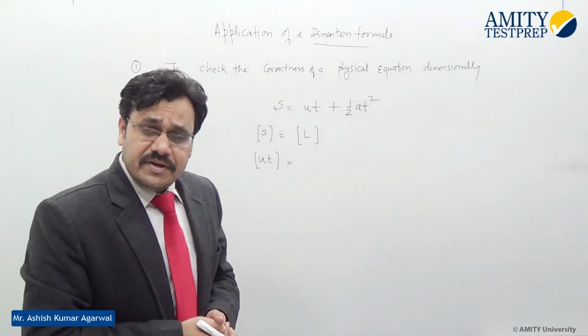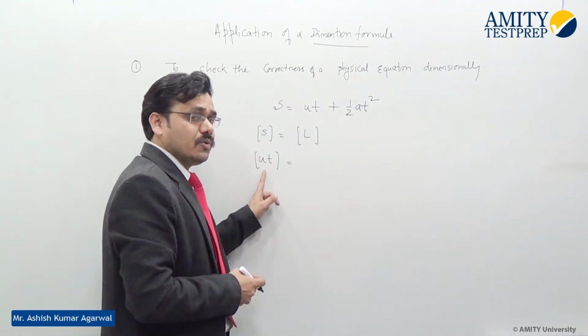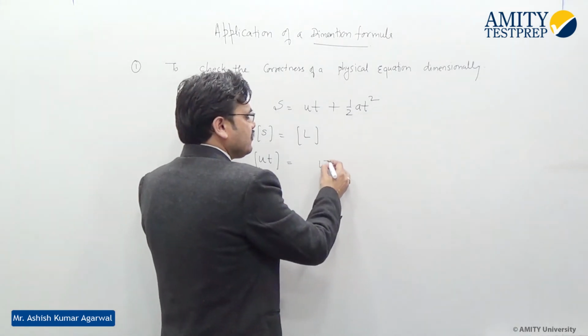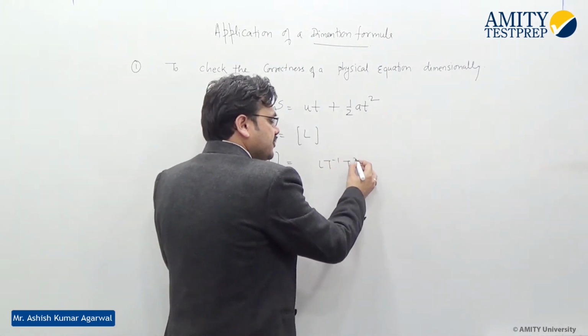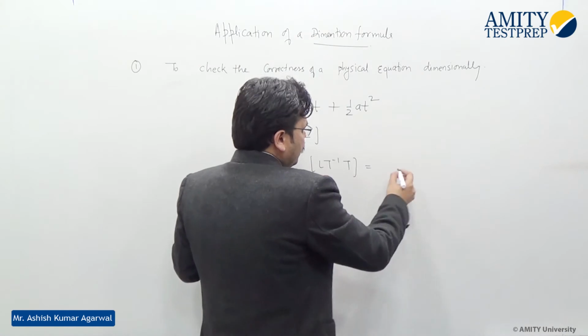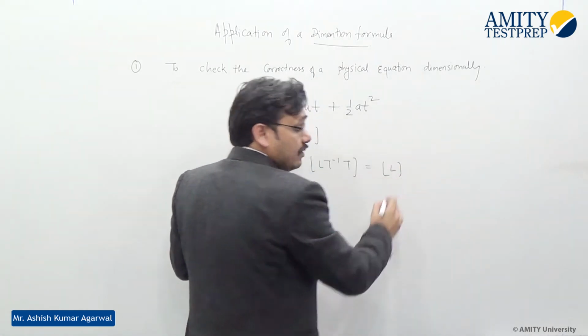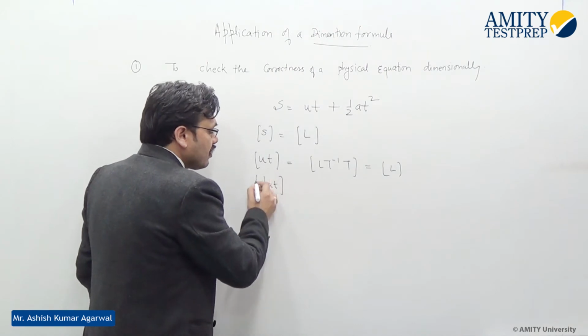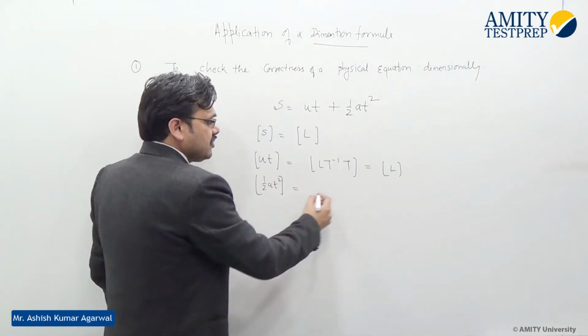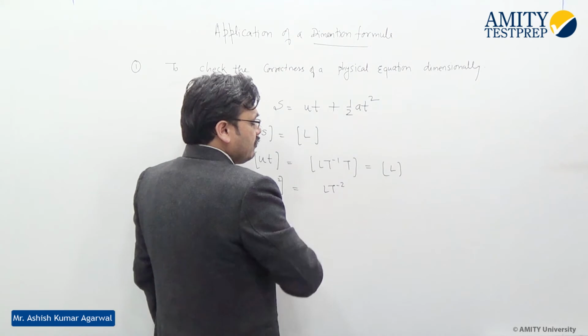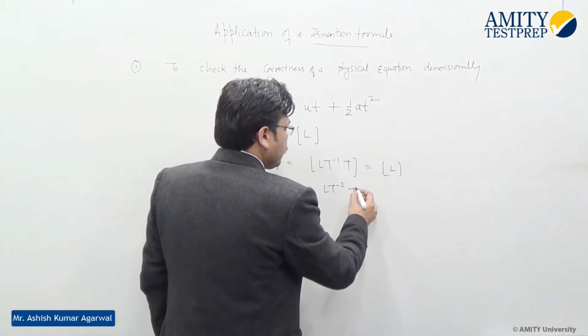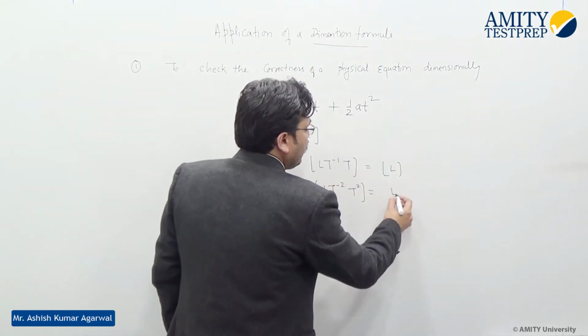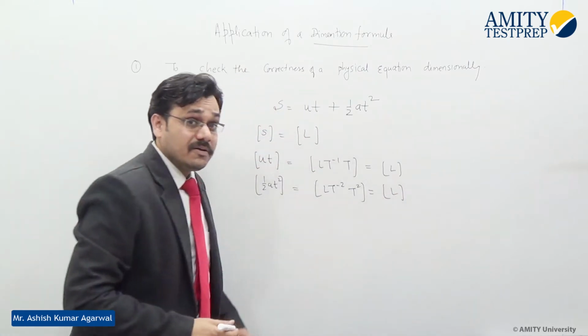As we already know, the dimension formula of U, velocity, is LT minus 1, and for time it is T. So when we proceed, we again get L. If I move to half at square, a stands for acceleration, its dimension formula is LT minus 2, and t square is T square. So again I get the same dimension formula.